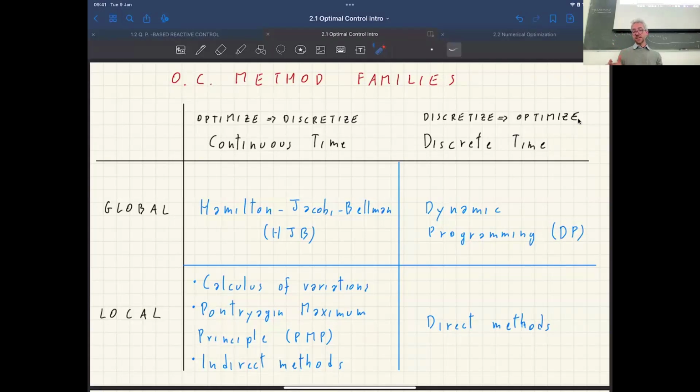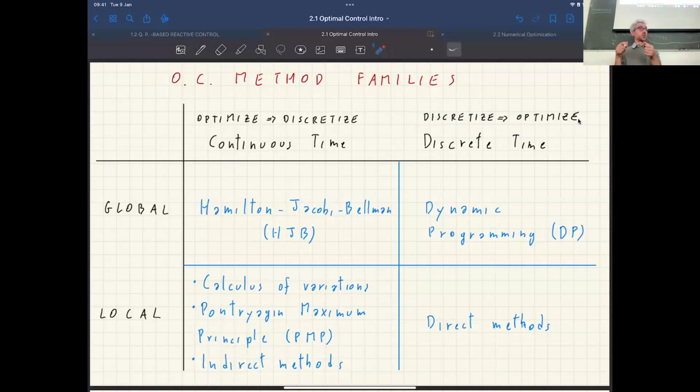What is very much used in robotics are the direct methods. So we're going to focus on those in this class. The idea behind direct methods is very simple, very pragmatic. You take an optimal control problem, you discretize it. So you take the optimization variables, which are infinite dimensional objects, these trajectories, and you discretize them by introducing some parameterization.